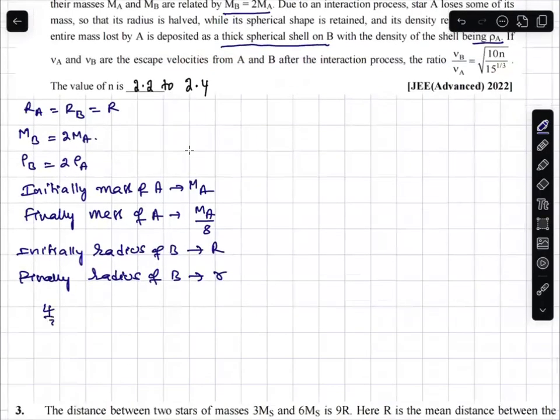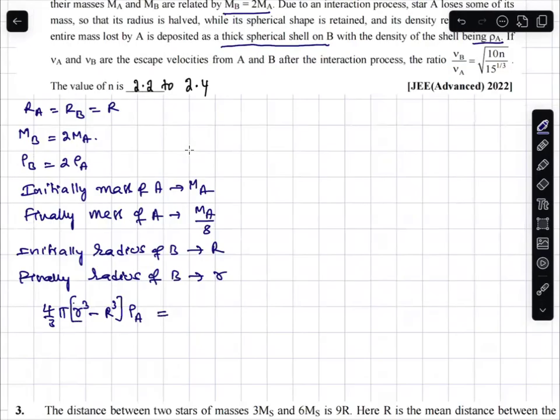Then 4 pi by 3 times (r cube minus R cube), this much volume is filled with a material of density rho A. Yes or no?